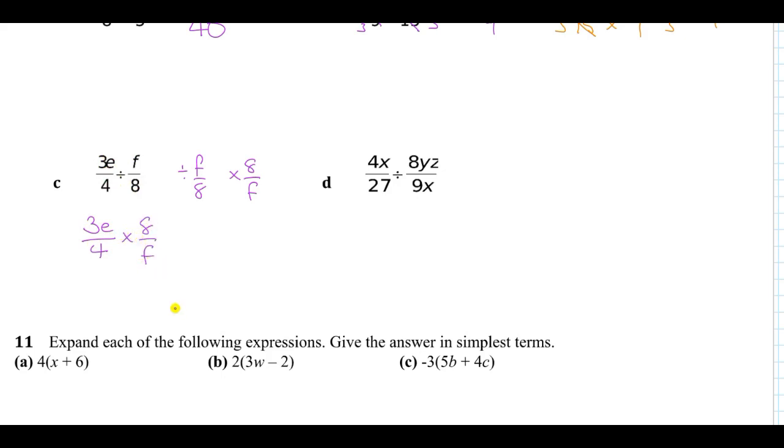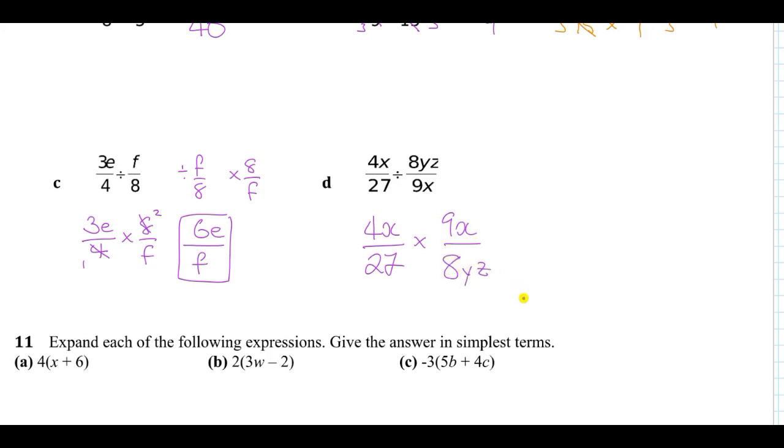I can cancel the 4 and the 8. 4 goes into 4 once, 4 goes into 8 twice. I now get 3e times 2, which is 6e, and I get 1 times f, which is f. That is my answer.